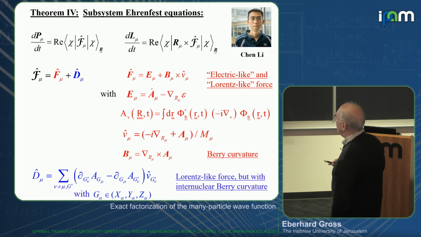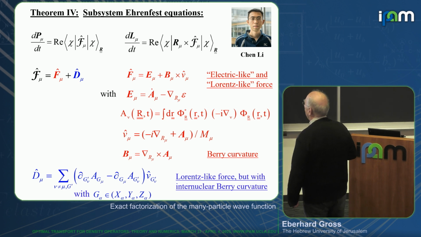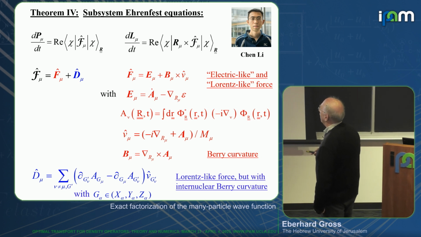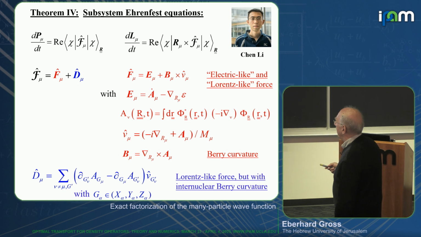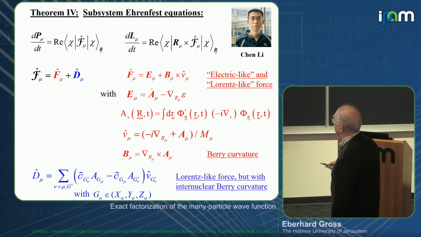And this can be viewed, here's the formula, as a Lorentz-like force where the magnetic field involves a curl of the vector potential, but the derivative here, let's say that's the vector potential A1 that acts on nucleus number 1, but the derivative here is the derivative with respect to nucleus number 2.